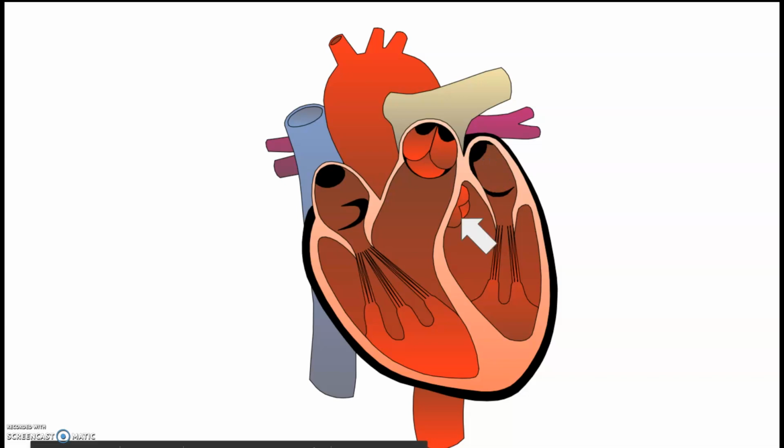From the left ventricle, we are going to head past the aortic valve, up and out the aorta, dropping off blood throughout the body. And then it will return back to the beginning: superior, inferior vena cava, right atrium, rinse and repeat.